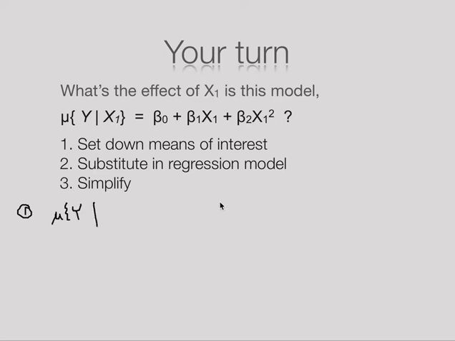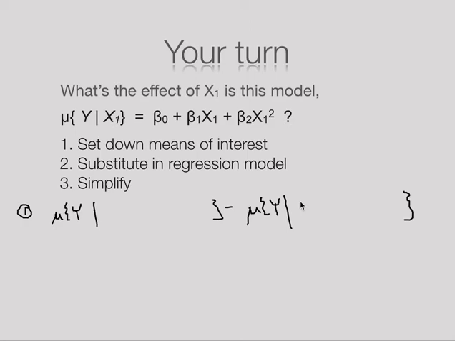So I'm going to fill in the contents in a second. I'm just going to write down now that I'm interested in the difference in two mean responses. And I'm going to increase x1 by 1 and then compare it to when x1 wasn't increased by 1.